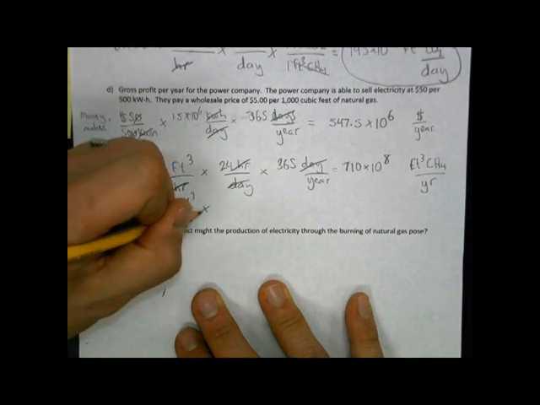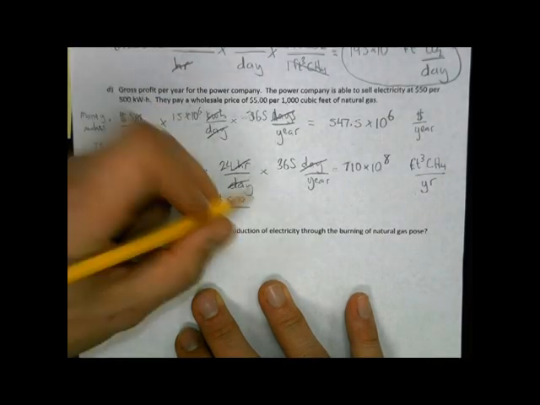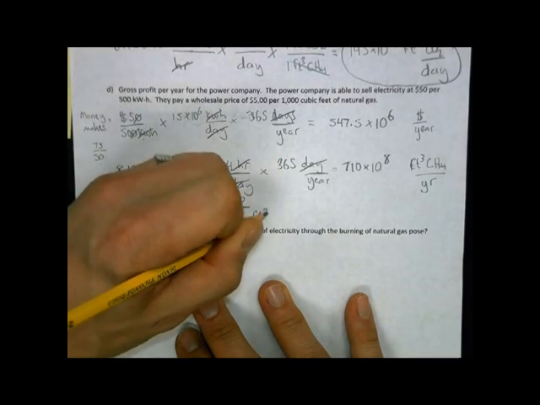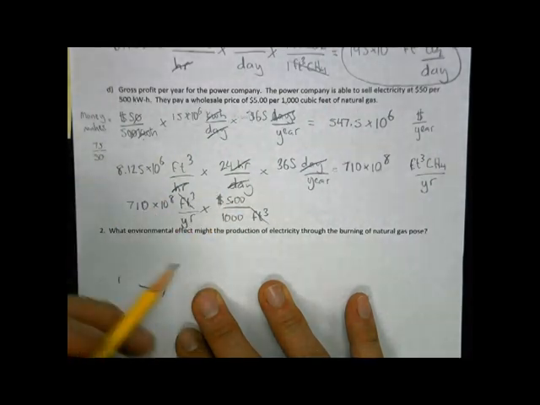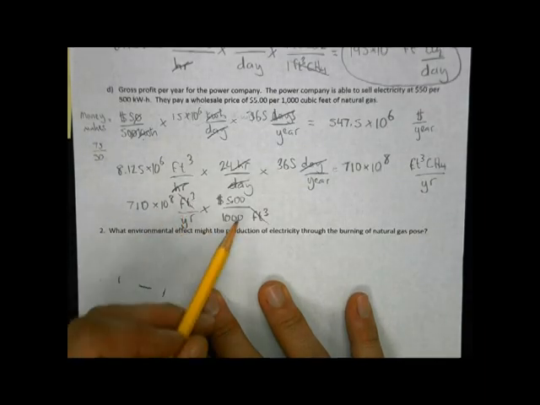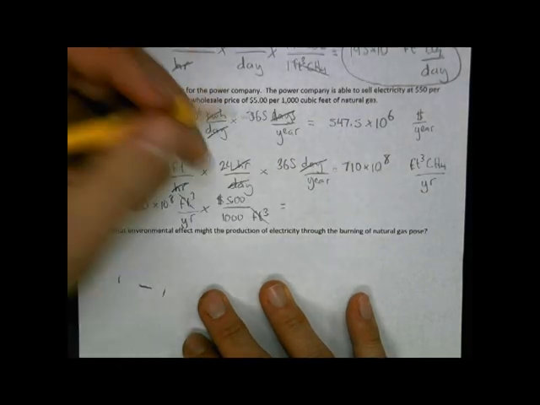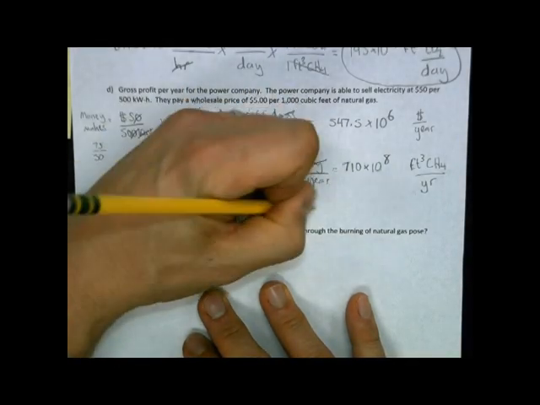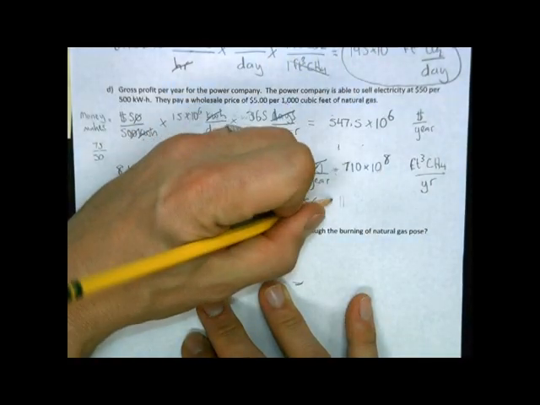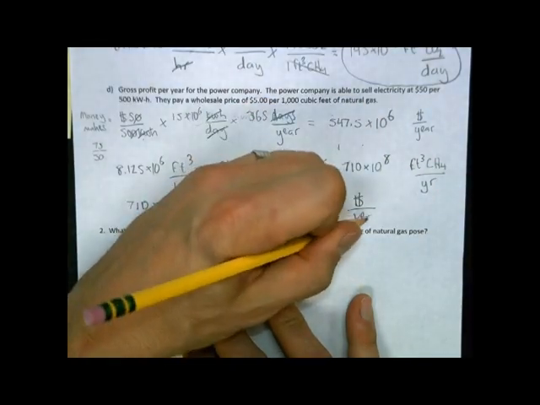And then I know that it's $5 per 1,000 cubic feet of methane, so my cubic feet go away, and this will give us an idea of the dollars per year that they paid, and then you do the math there, and you end up with 356 million. So 356 times 10 to the 6th dollars per year.